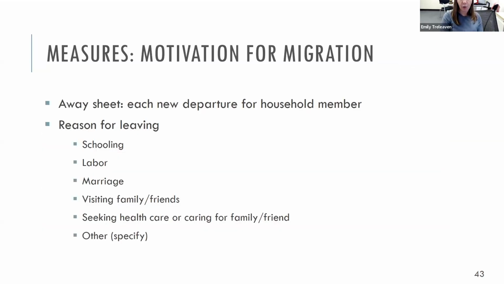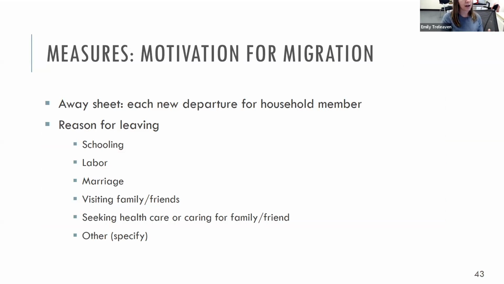So I mentioned the away sheet earlier, which is the short questionnaire that's administered with the household registry, capturing some basic information for each time a household member departs. So it would be one away sheet per new departure for a household member. And one of the questions on the away sheet is that person's reason for leaving.